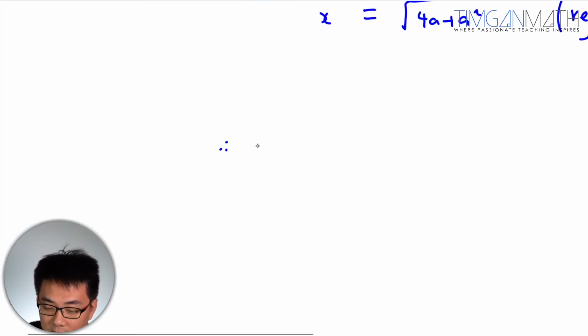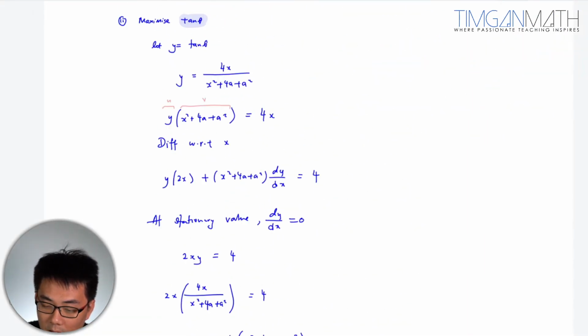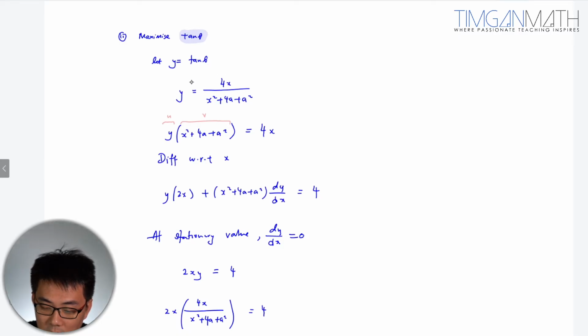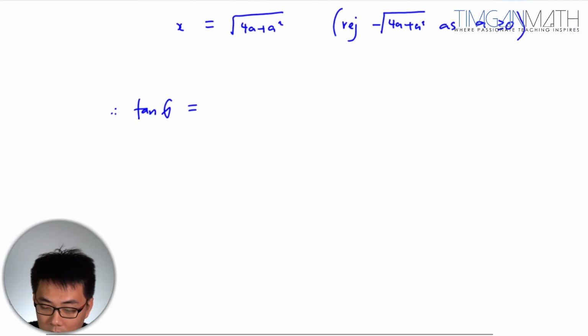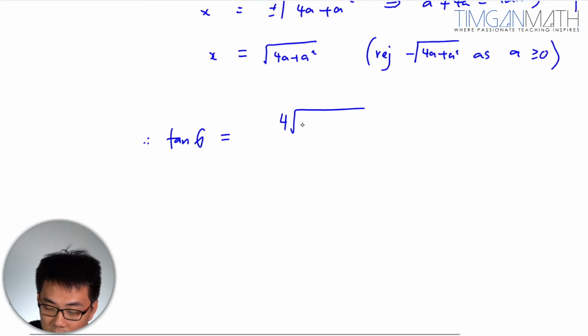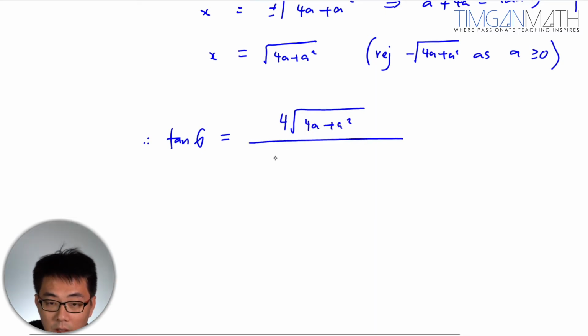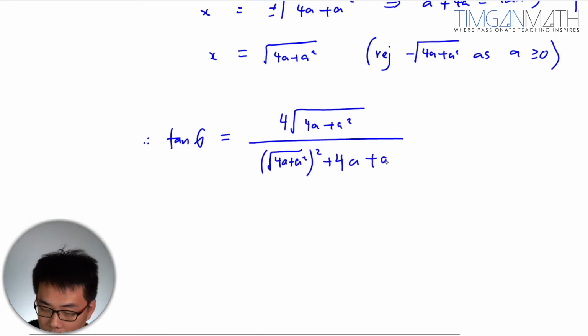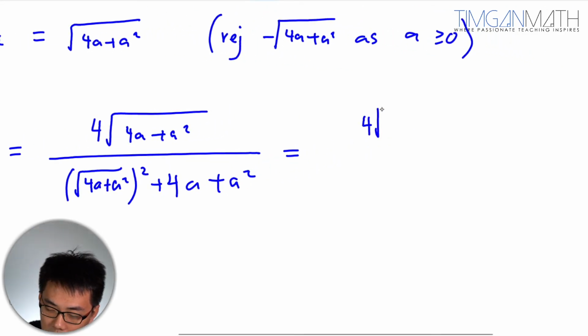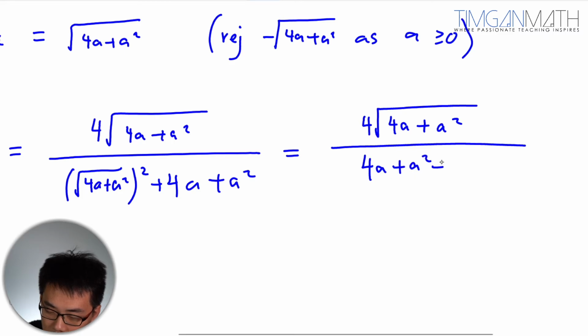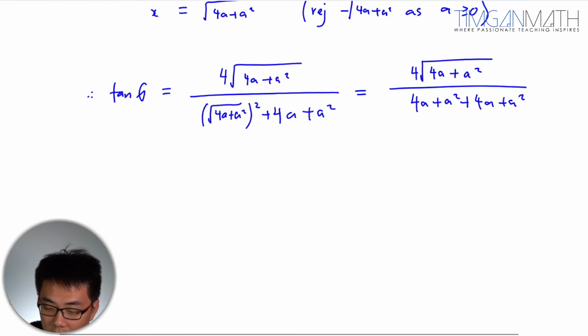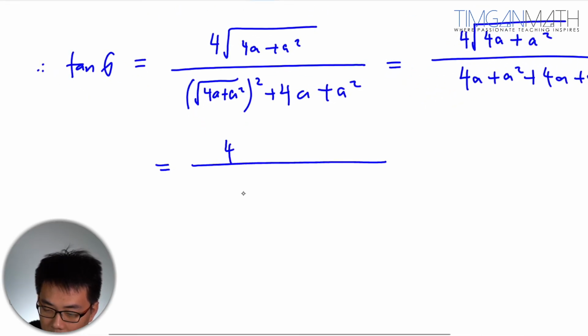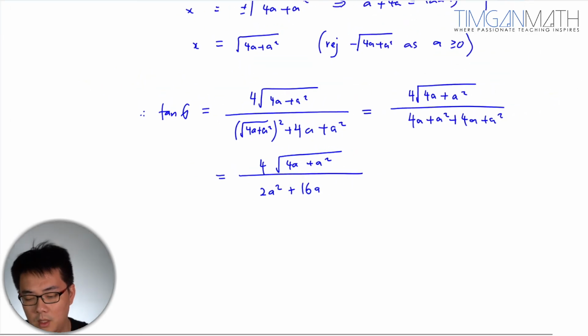So tan theta is just 4x over x squared plus 4a plus a squared, so we substitute this in. This is 4 times the square root of 4a plus a squared, over 4a plus a squared plus 4a plus a squared. So many of these a's.